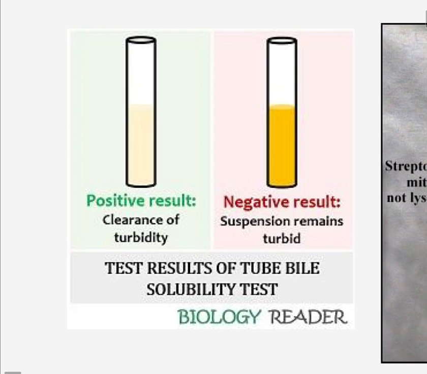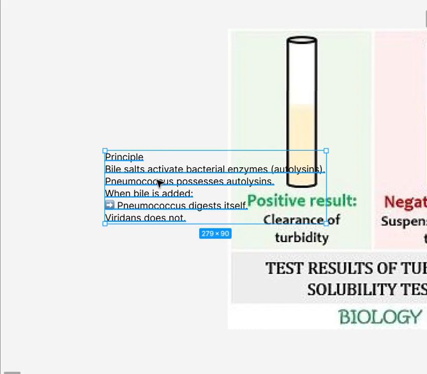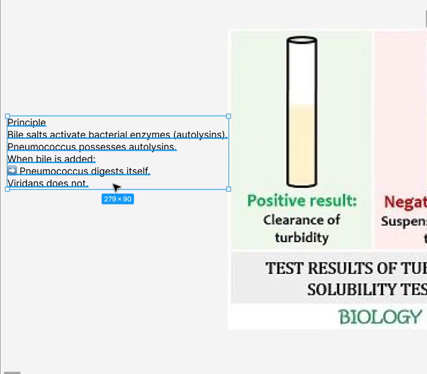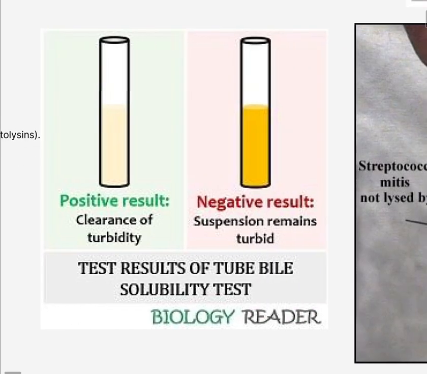So when bile is added, the pneumococcus digests itself, but the viridans does not, right? Now, how is it performed? I'll paste it here basically. Bile salts activate the bacterial enzymes, which are autolysins. Pneumococcus possesses these autolysins. When bile is added, the pneumococcus digests itself, but the viridans does not.